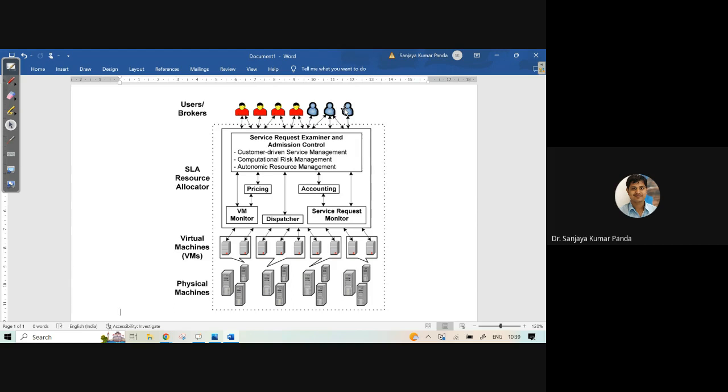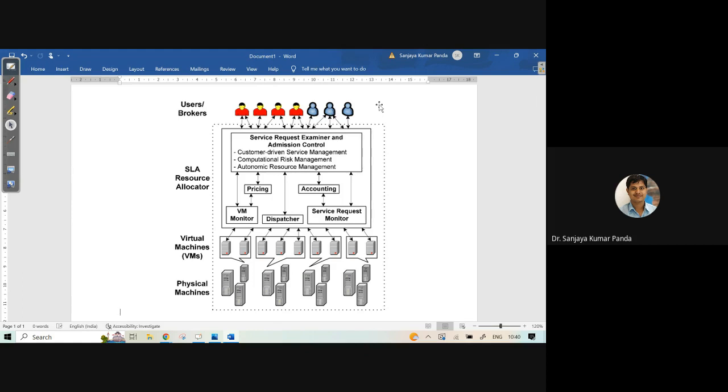Whether the user or the broker, they are submitting service requests from anywhere in the world to the data center, and from the data center we form different clouds, and these requests are processed. That's why in the very first layer you can see 2 different icons. One icon is for the user, another is for the broker.